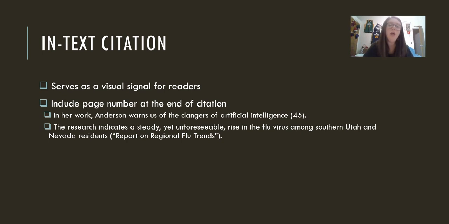So in this case, the research indicates a steady yet unforeseeable rise in the flu virus among southern Utah and Nevada residents. And then we've included, again, the title of the article, Report on Regional Flu Trends. And then we've closed the parentheses and ended the sentence with a period.